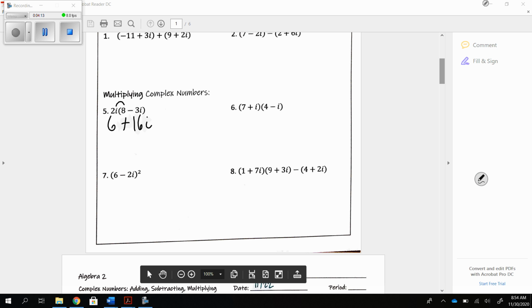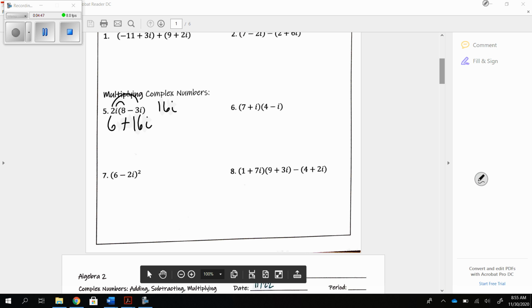So 2i times 8 is 16i. Now, 2i times negative 3i really means 2i times negative 3, negative i. If you just do it in the calculator, 2i times negative 3i, hit enter, you get 6.